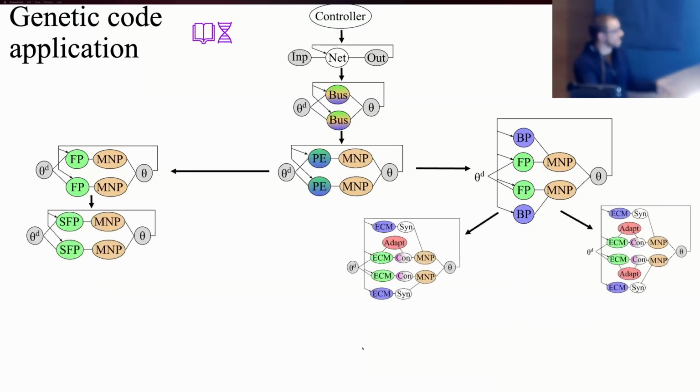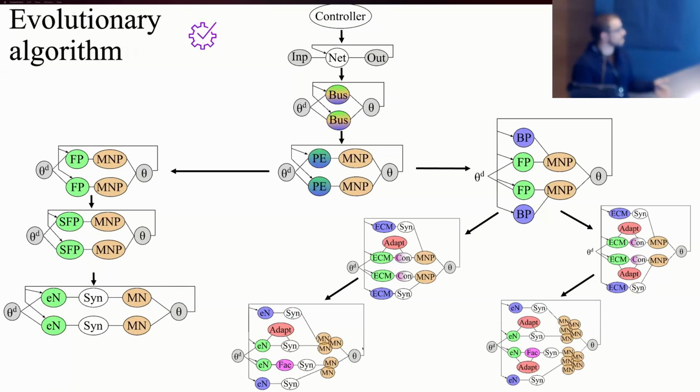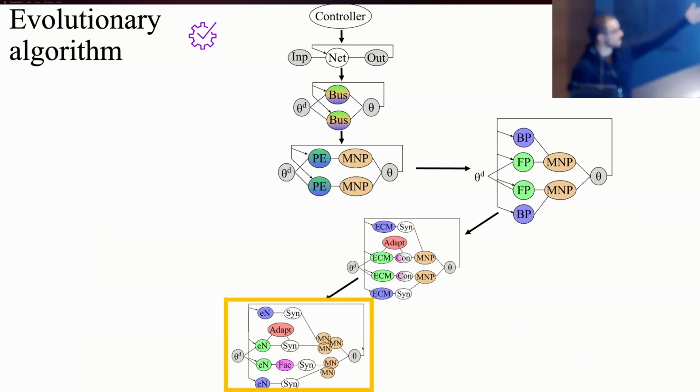These families end up as final architectures, which we want to test, and we will select from them the one that captures the dynamics that we have in hand. So we generate these with a genetic code, and then we need to select the one that performs best. The selection happens with an evolutionary algorithm, an equivalent to an A-star algorithm in the controller space, that goes through the space of the controllers and chooses the one that most closely resembles the required dynamics.